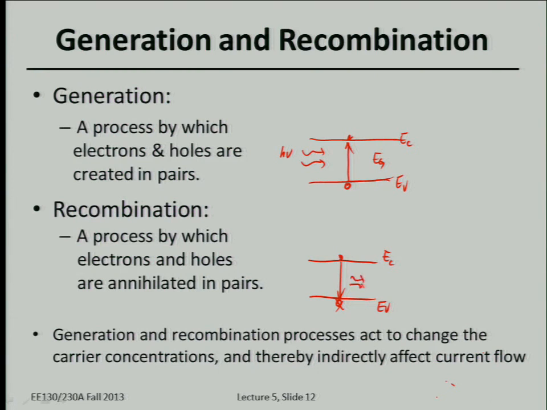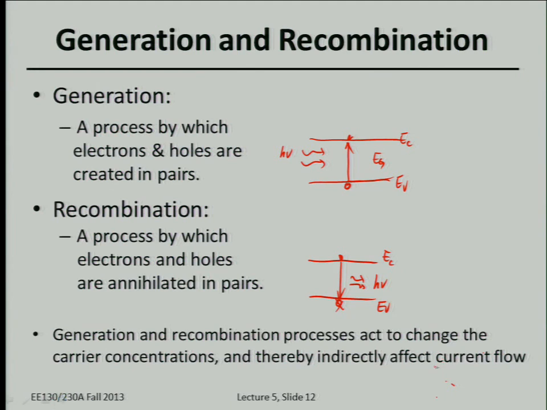This process also emits some energy, which could be light or heat to the lattice around. This is the process of recombination. So keep in mind that generation and recombination both involve two types of carriers.